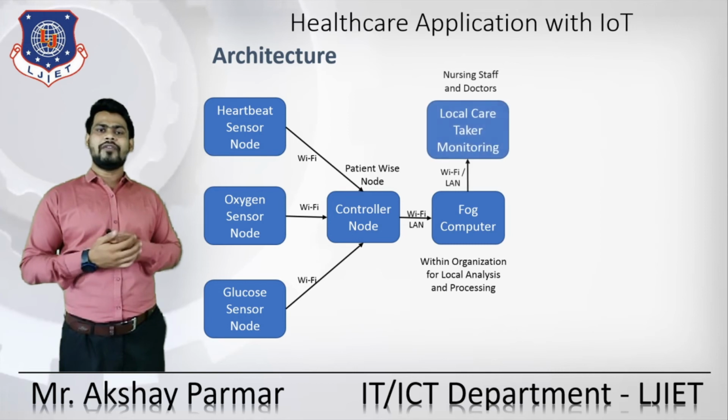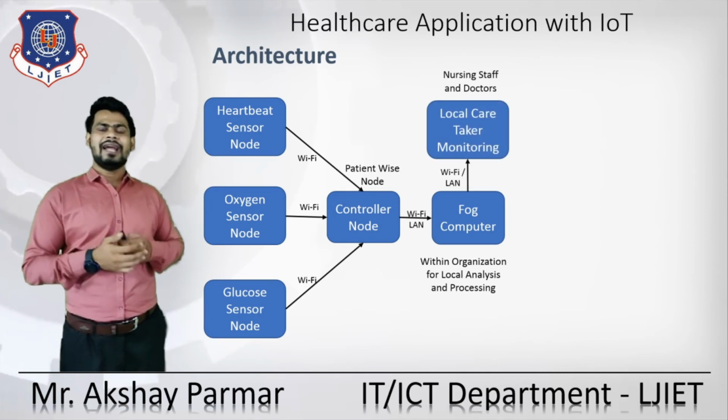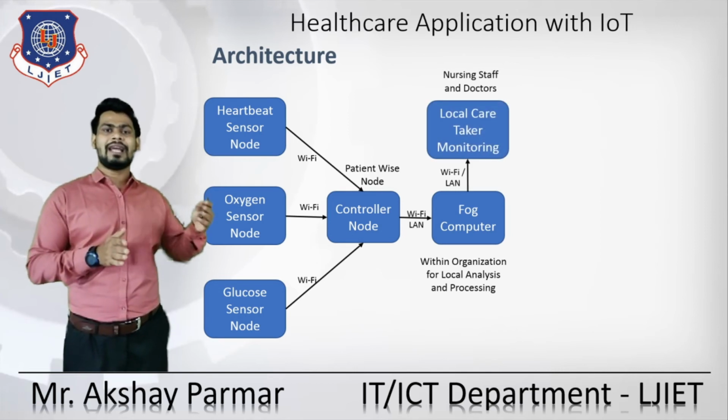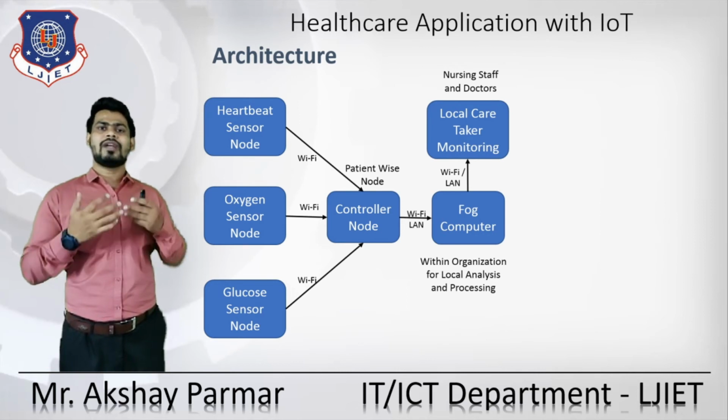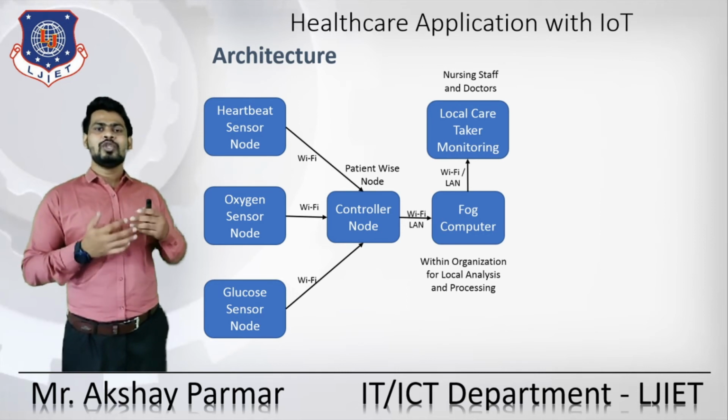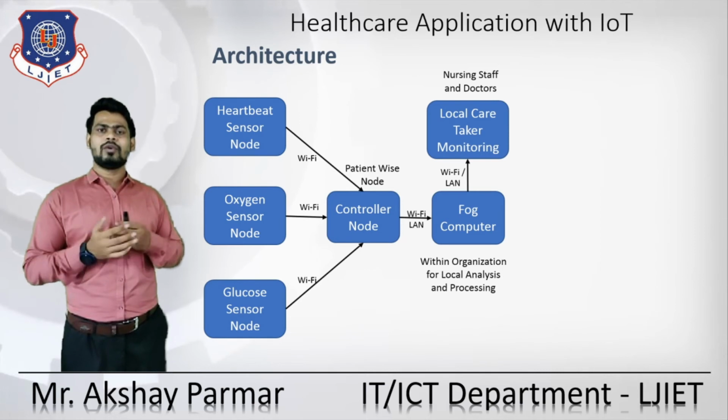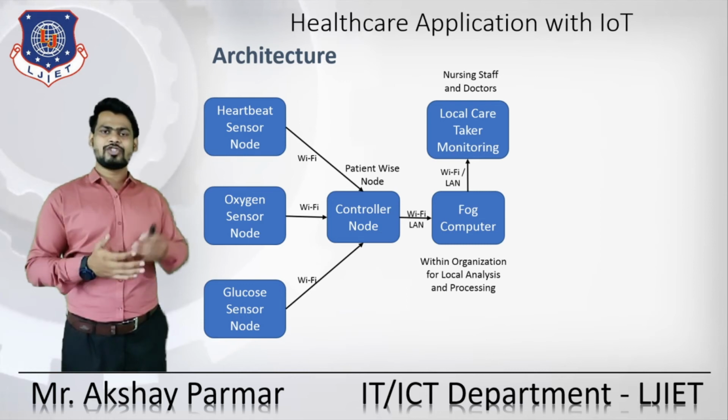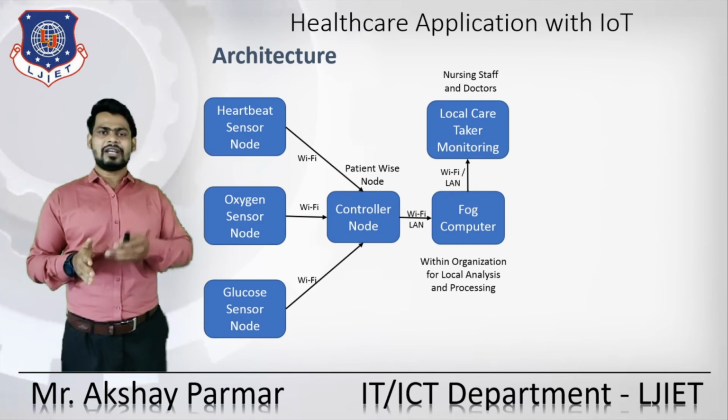And if we use fog computing or local computing, at that time we require a local caretaker monitoring system, right? So the nursing staff and the doctors use that local caretaking monitoring system, so they can see the actual evolution of that particular patient's history, right?